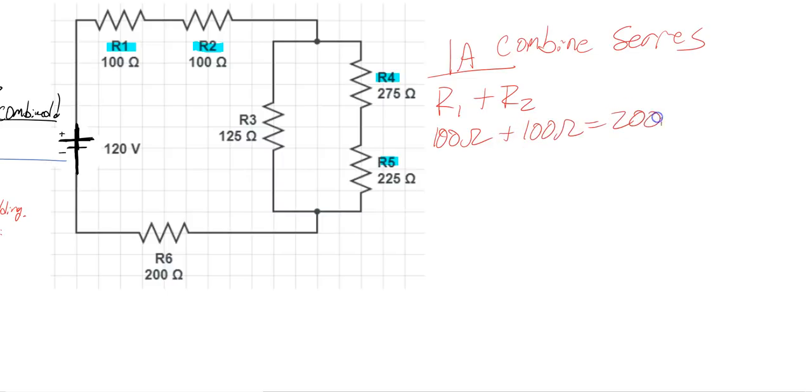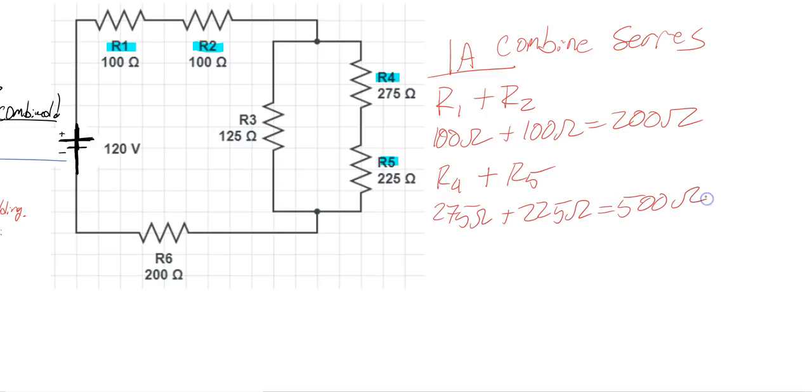We get 200 ohms for that. And we can also do that for R4 and R5. We get 275 ohms plus this, and we end up with 500 ohms.